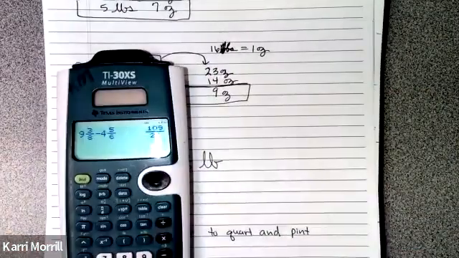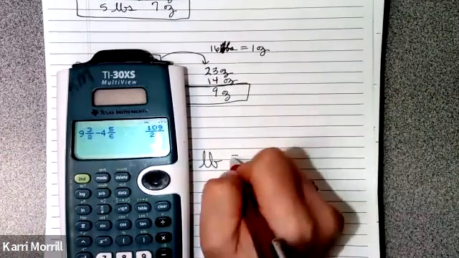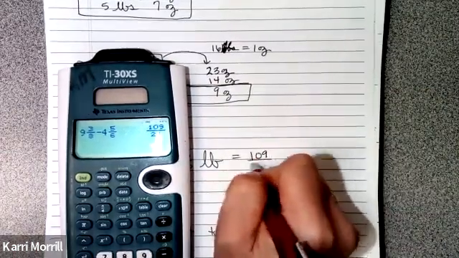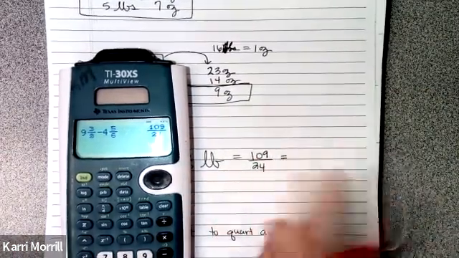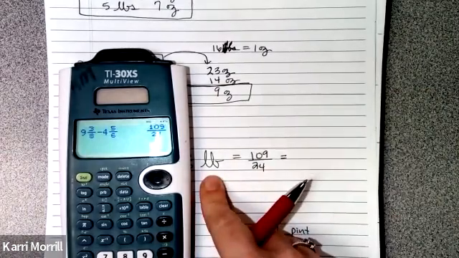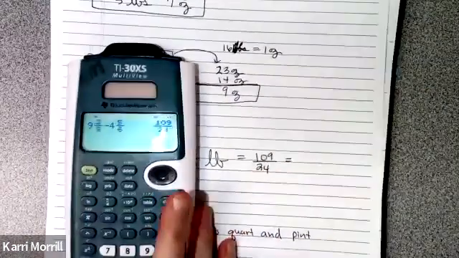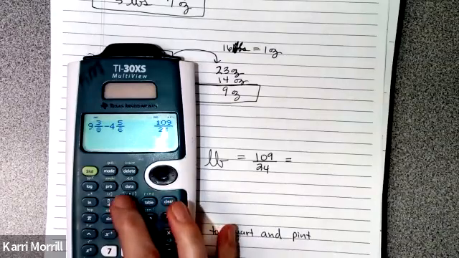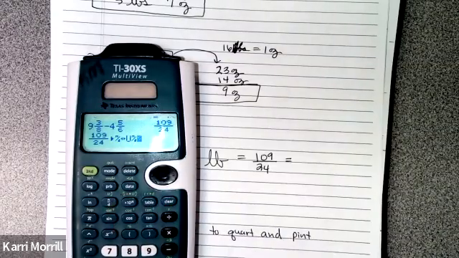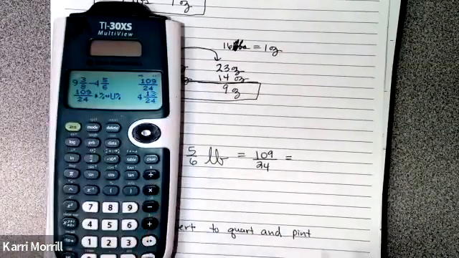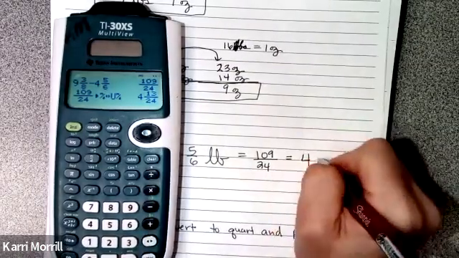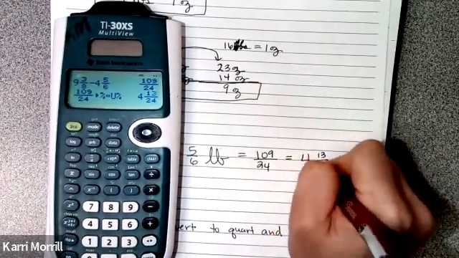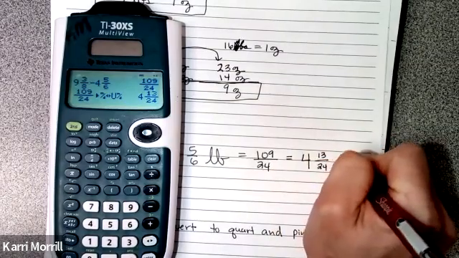And it will kind of look like an improper fraction to begin with. So just to remind you how to turn that back into a mixed number, since it started as a mixed number, you would click your second, and the button beside your fraction key, hit enter, turns that into the mixed number. So 4 13 over 24 pounds.